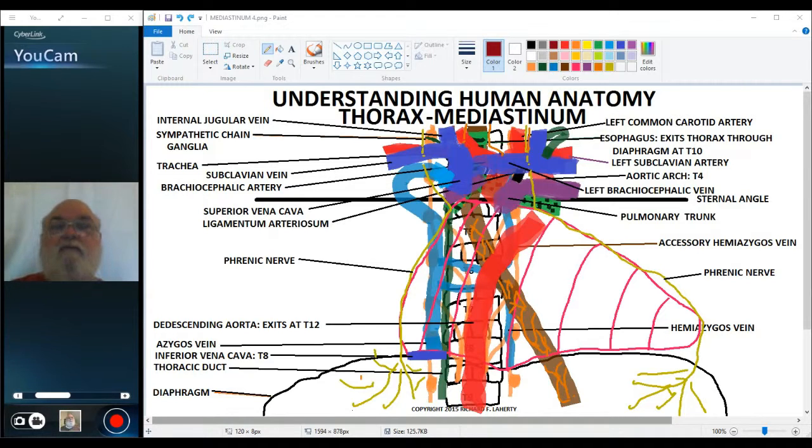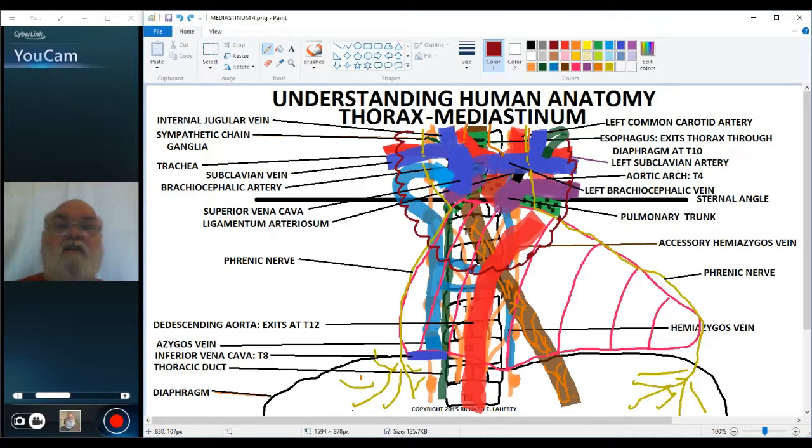And I'm going to draw an outline of the thymus, and I'm going to draw it as it would be in a youngster. And let me just draw it in like so.